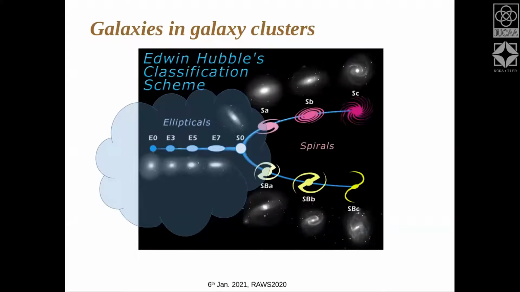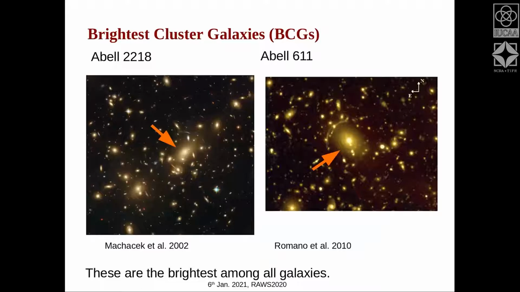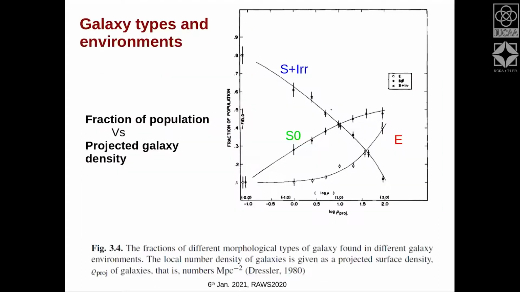We will come to that in a couple of slides. In any galaxy cluster, what is very striking is the presence of a large brightest cluster galaxy residing at the center. These are called brightest cluster galaxies, and if you consider all the galaxies in the universe, the galaxies residing at the centers of galaxy clusters are the brightest among all galaxies.